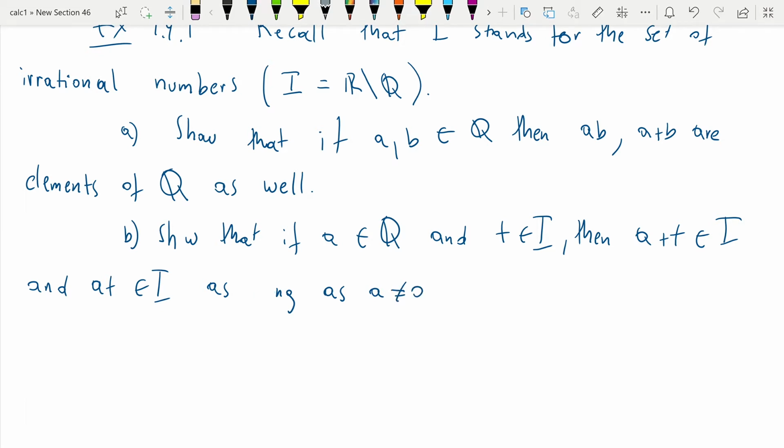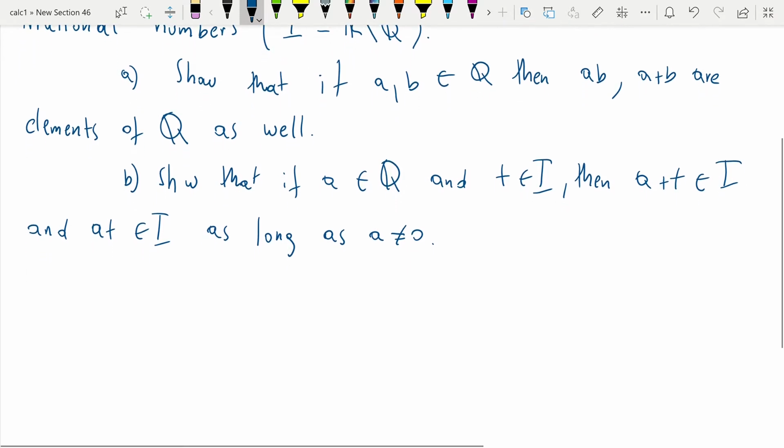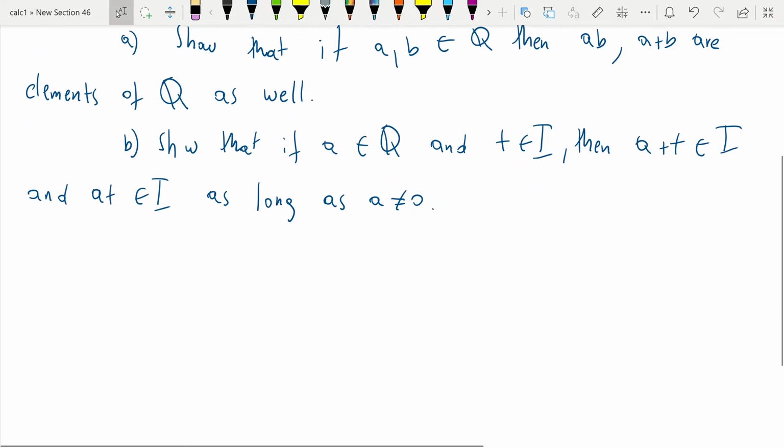Because if A is equal to 0, no matter what you're multiplying by, it's going to be 0, which would certainly be rational. So here there's some additional information, or lack thereof, that you have to think about.